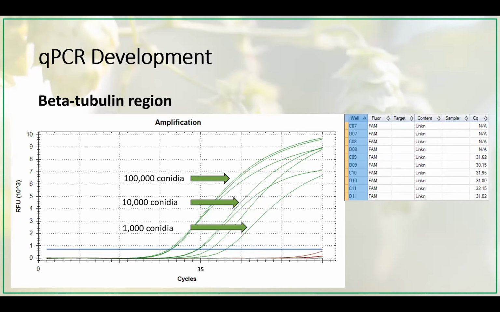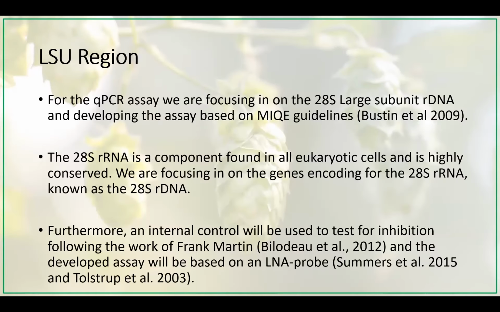So we decided to move on to the LSU region. We're focusing in on the 28S large subunit rDNA, and we're developing this assay based on the MIQE guidelines. This 28S rRNA is a component found in all eukaryotic cells, and it's highly conserved.